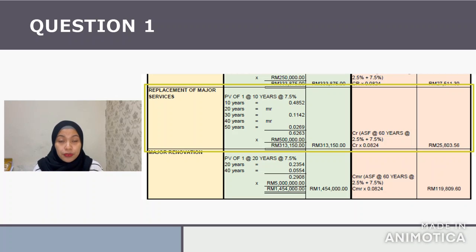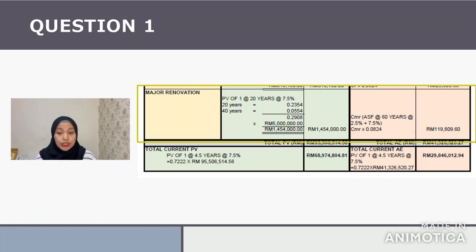In the annual equivalent method table, the same as before, the total cost will be times by ASF plus I, with the new cost of 25,803 ringgit and 56 cents.